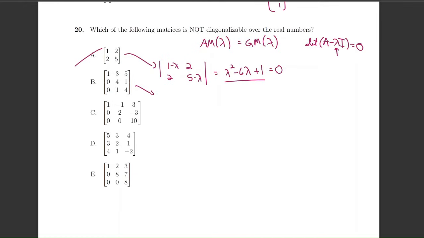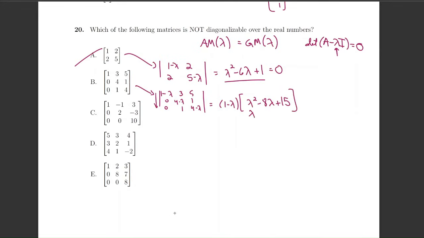Same thing here. We can find the determinant of this. Maybe I should write this out. 1 minus lambda, 3, 5, 0, 0, 4 minus lambda, 1, 1, 4 minus lambda equals 1 minus lambda times, I'm going to expand down this column, 1 minus lambda times lambda squared minus 8 lambda plus 16 minus 1, which is just 15.